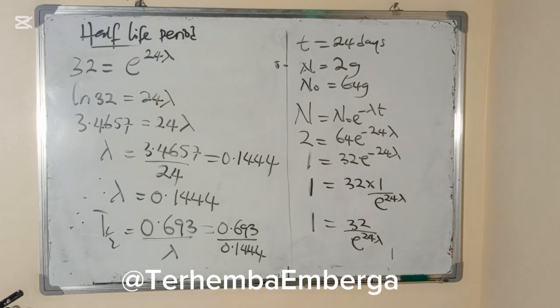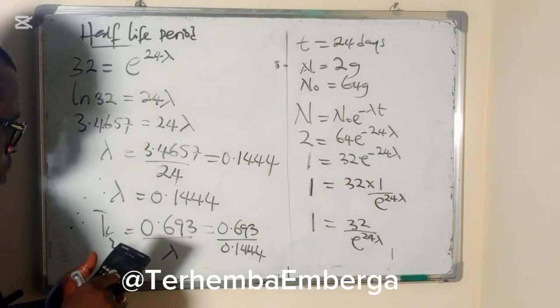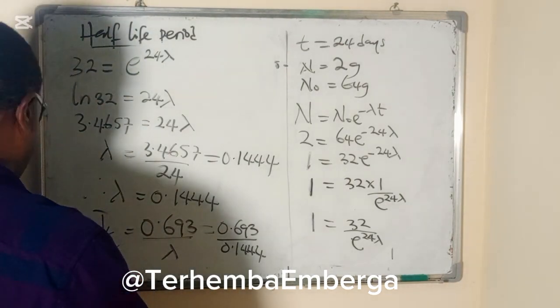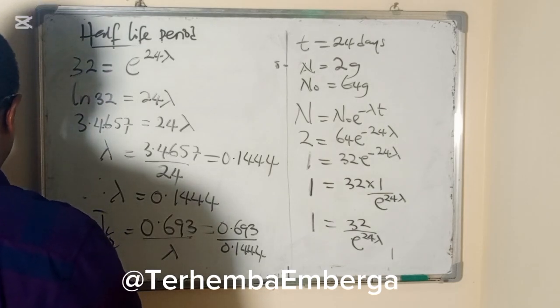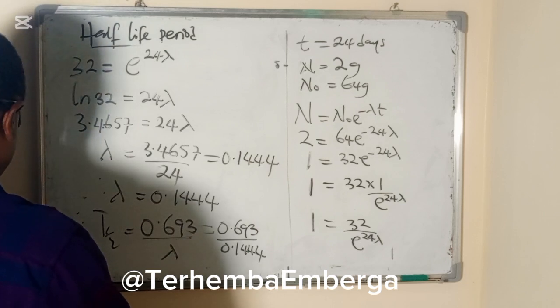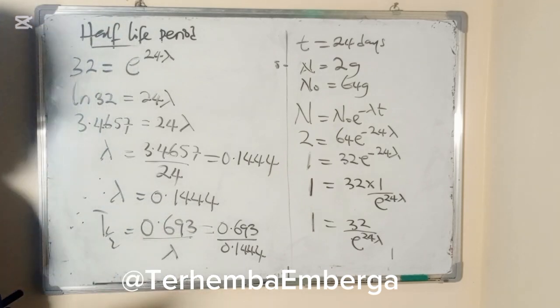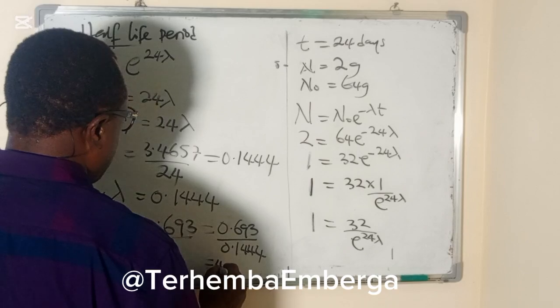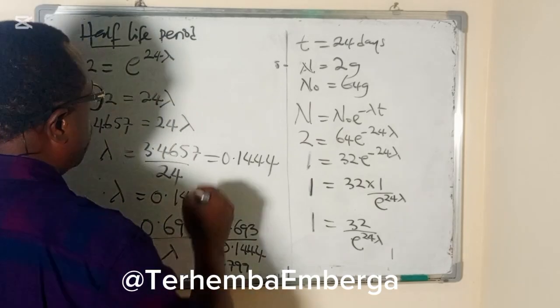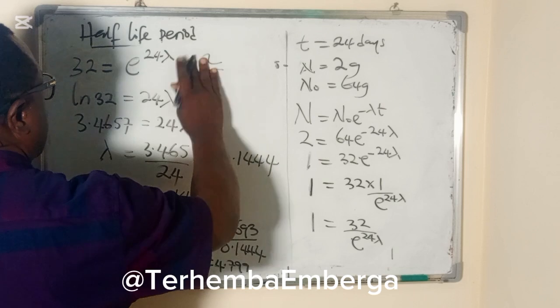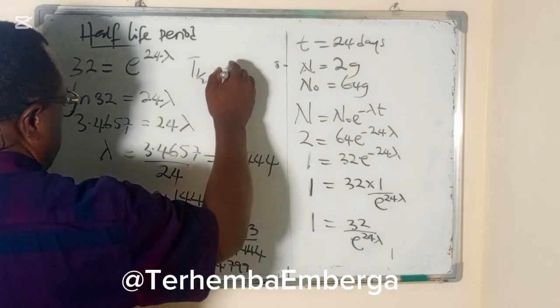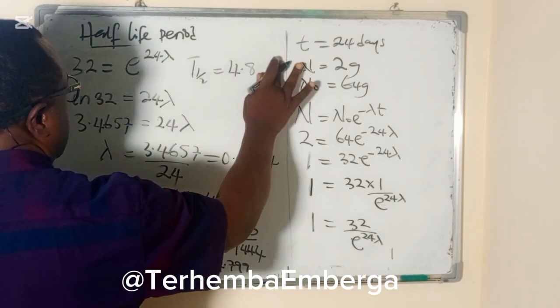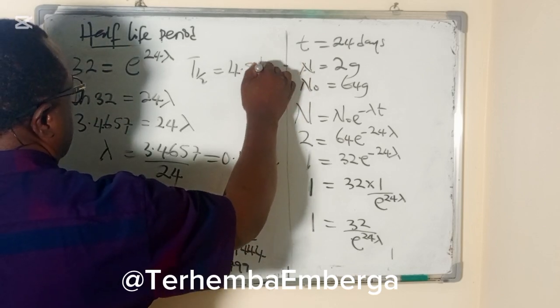So if you once again use your calculator, you have 0.693 divided by 0.1444, and that will give us 4.799. Approximately, we can say that T half is 4.8 days.